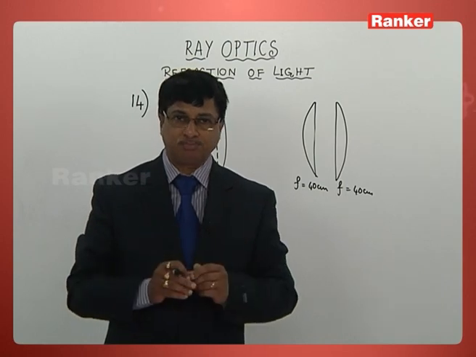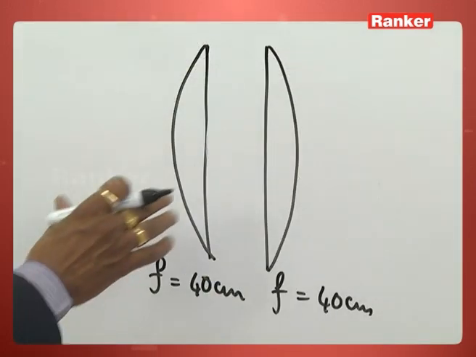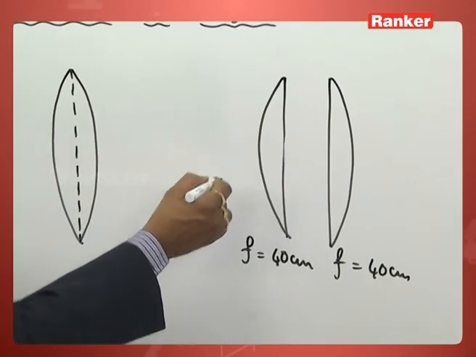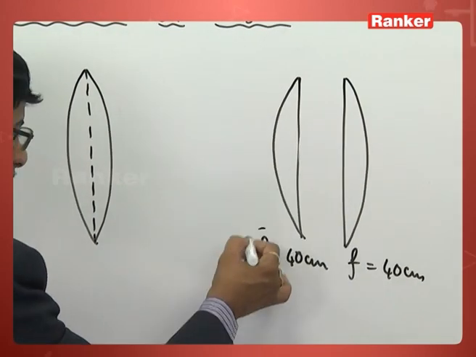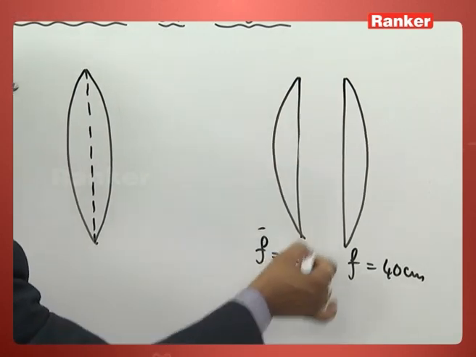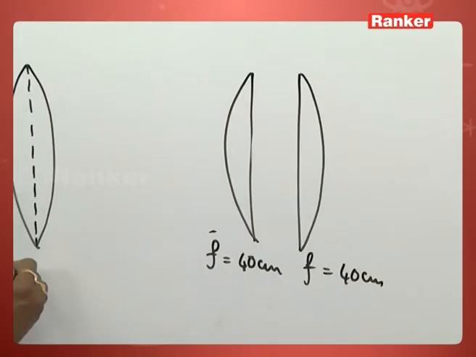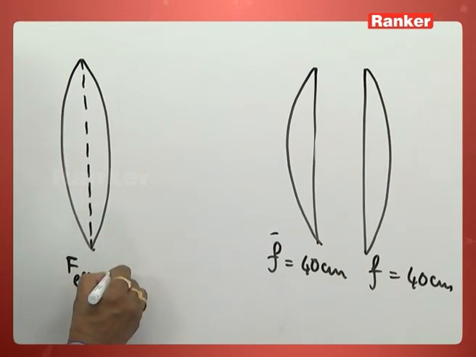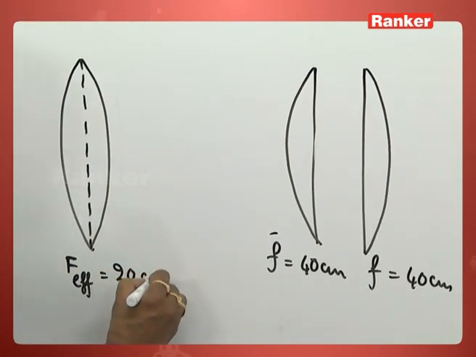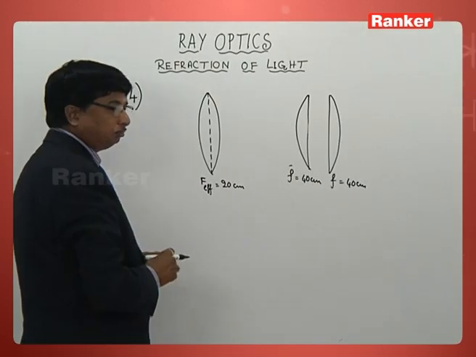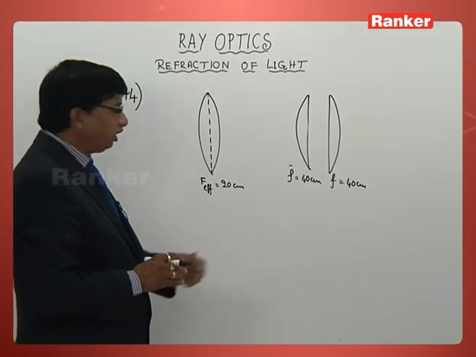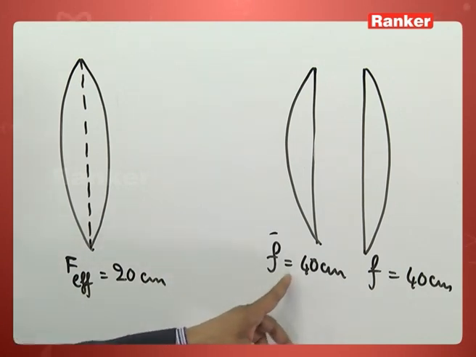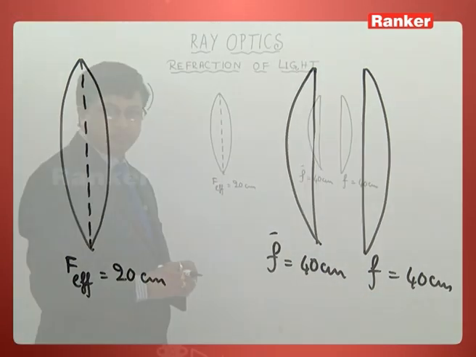We have to judge. Check this one. These two are now pressed this way. Then you can all understand well, when the focal length of this part is 40, this part is 40. What will now be the effective focal length of this one? That now becomes 20 centimeter. How can you judge that? 1 by F effective is equal to 1 by F1 plus 1 by F2.